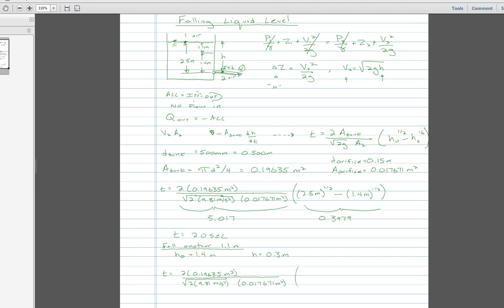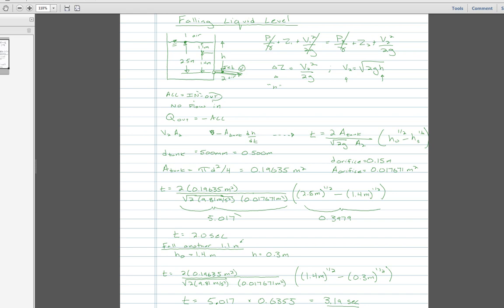And this time we're going to have 1.4 meters as the beginning elevation and 0.3 meters as the ending elevation. As before, that first term is 5.017, and in this instance the second term is 0.6355. Okay, so that total duration that's elapsed is 3.19 seconds, is how long it takes to fall the second 1.1 meter increment.